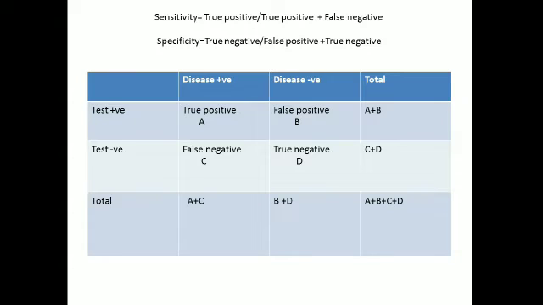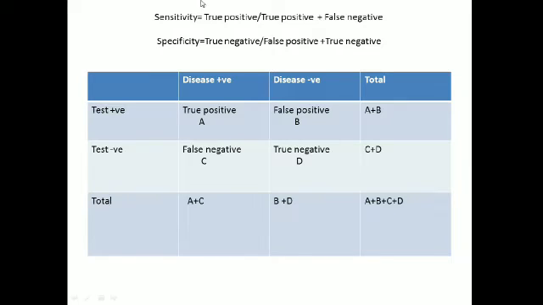So to find out the sensitivity we have to use this calculation. Sensitivity equals true positive divided by true positive plus false negative, which means A divided by A plus C, and this gives us the sensitivity, the percentage of people with the disease whom the test shows as having the disease.